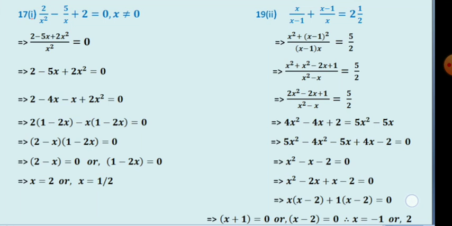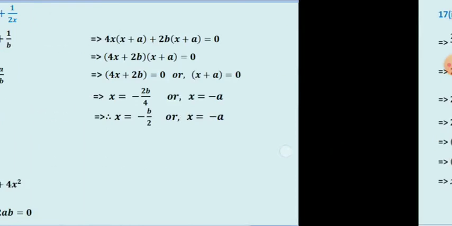So from the first two terms we can take x common, so we will have x minus 2 in the bracket. From the third and the fourth term we can take plus 1 common, so we'll have x minus 2 in the bracket, which is equal to 0. So one of the terms is x plus 1 equals 0, therefore x is equal to minus 1. Another term is x minus 2 equals 0, so the value of x is equal to 2.